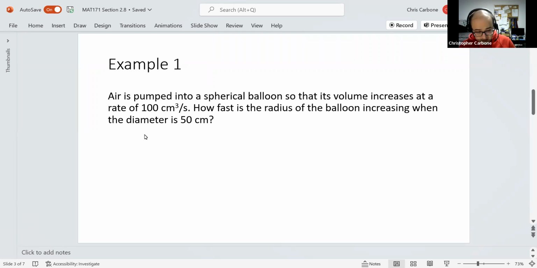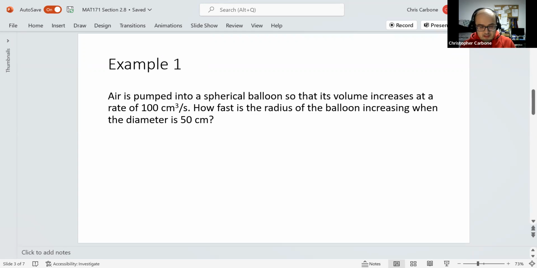So, example 1. Air is pumped into a spherical balloon so that its volume increases at a rate of 100 centimeters cubed per second. We want to know how fast the radius of the balloon is increasing when the diameter is 50 centimeters.